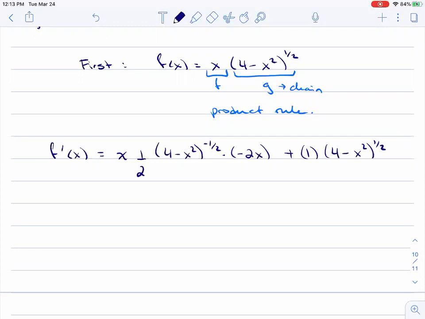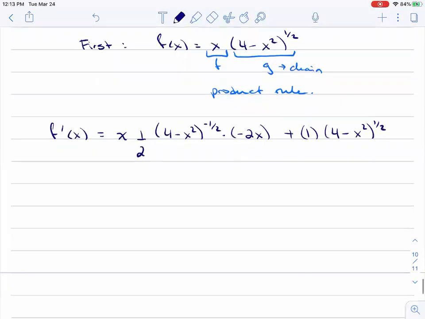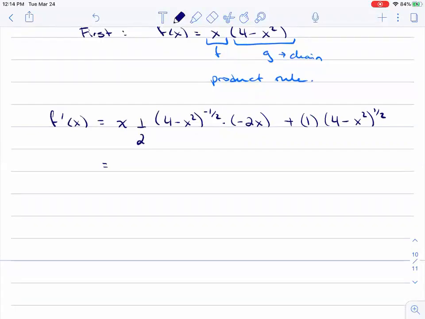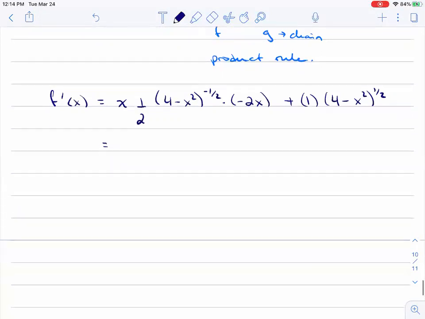Now I'm going to rewrite this. Our goal is to simplify so that we can figure out where the derivative is 0 and where it doesn't exist. So we get negative 2x squared over 2, and I'm going to rewrite this 4 minus x squared to the negative 1/2 as a square root in the denominator.